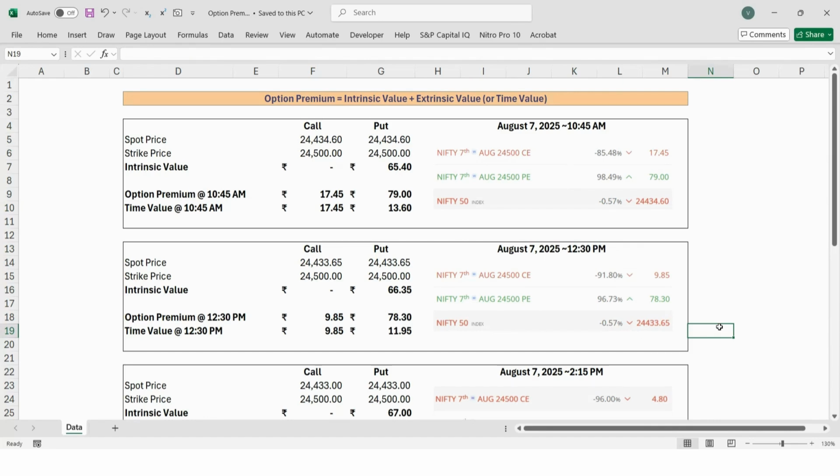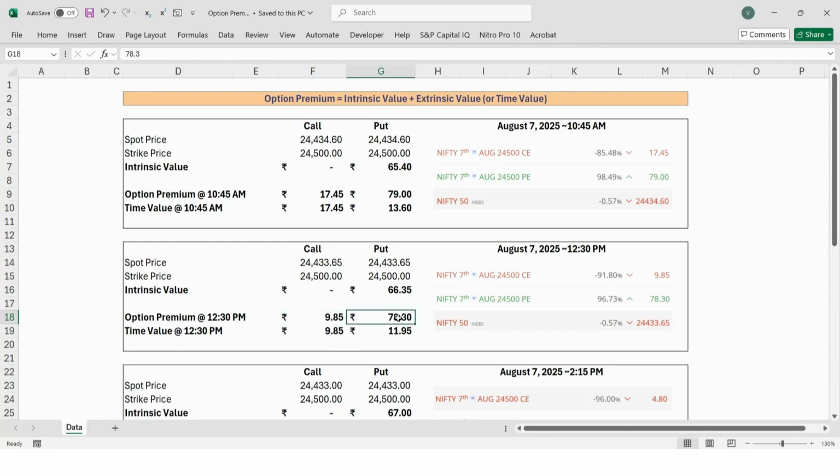However, if you notice, the call option premium collapsed from 17.45 to 9.85 because we have spent an additional 1 hour 45 minutes of time. The time to expiry is now lesser, which is why the option is losing its time value. Classical concept of time decay or theta decay.